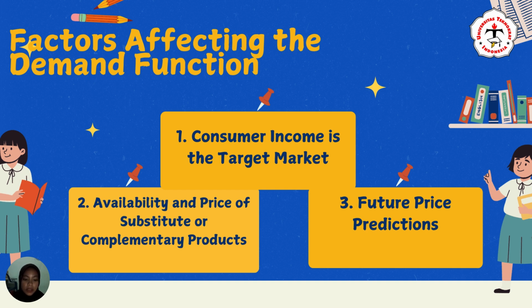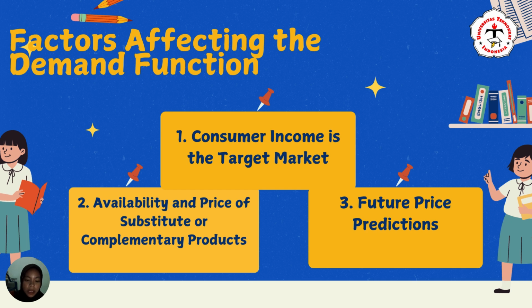The third is future price prediction. For various basic commodities or goods whose prices are expected to rise in the future, they will be purchased more often when prices are still low. When too many people buy, the availability of the finished product decreases and automatically makes the price rise.